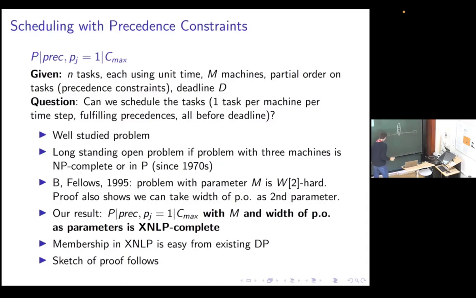So for every counter, I also have a sequence of tasks, but basically this sequence is deadline minus n long, which means I can n times basically not do a task from the sequence.